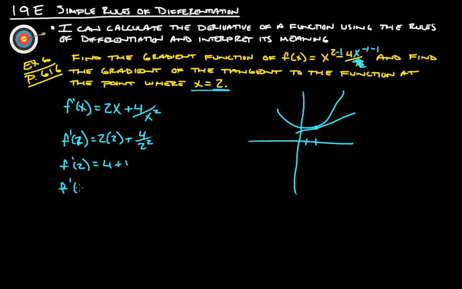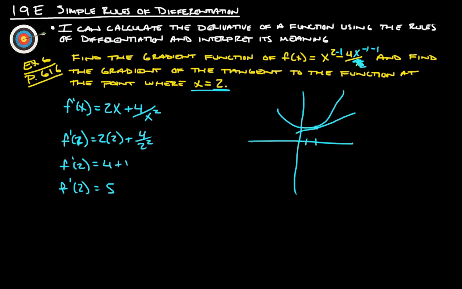So f prime of 2 equals 5. What this means is the gradient of the tangent to this function at 2, the slope, is going to be 5. Again, this is not necessarily this function. I was just making up a graph to help you understand what you're doing.